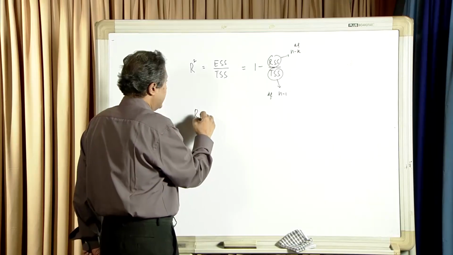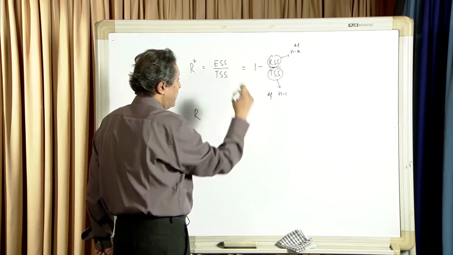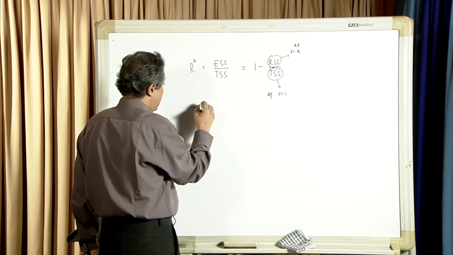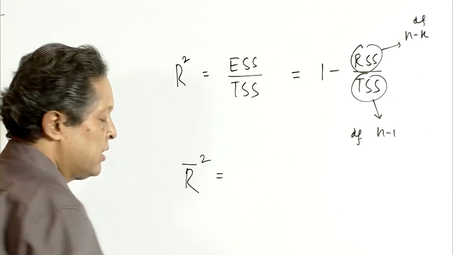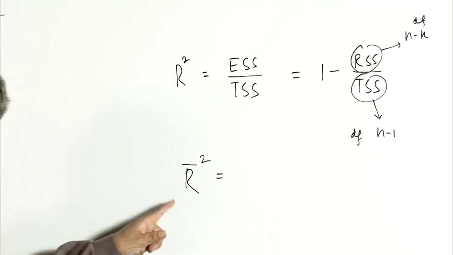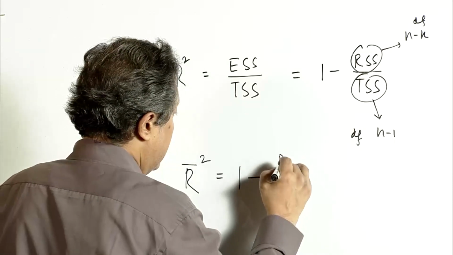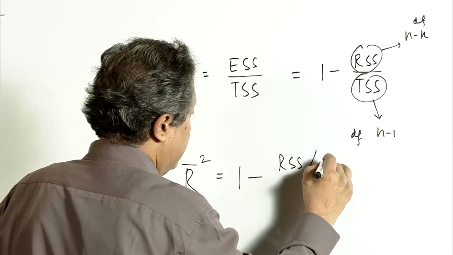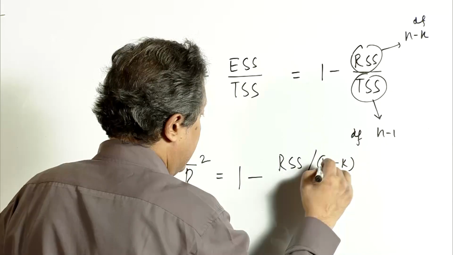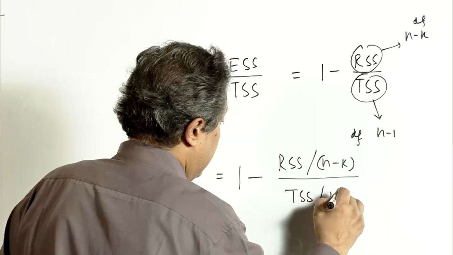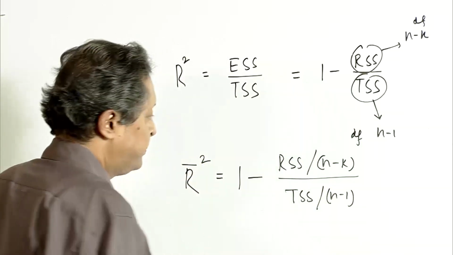So, we adjust these residual and total sum of squares by their respective degrees of freedom to arrive at R bar square, which is known as the adjusted R square, and we arrive at 1 minus RSS by n minus k divided by TSS by n minus 1.